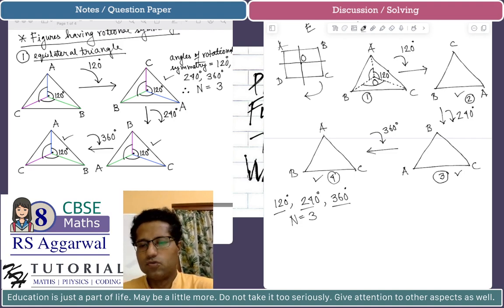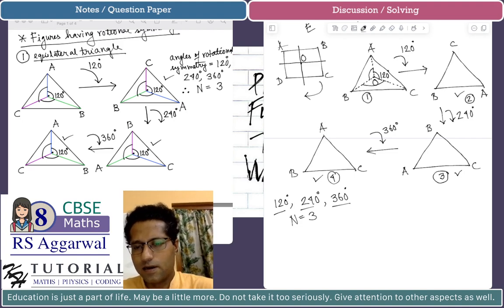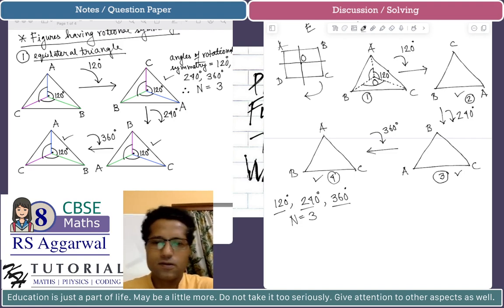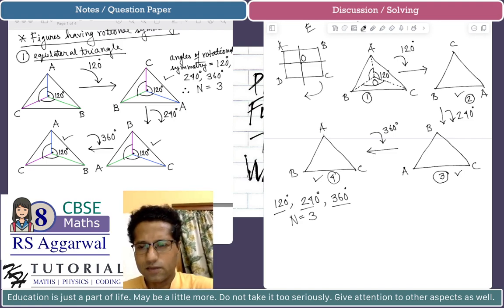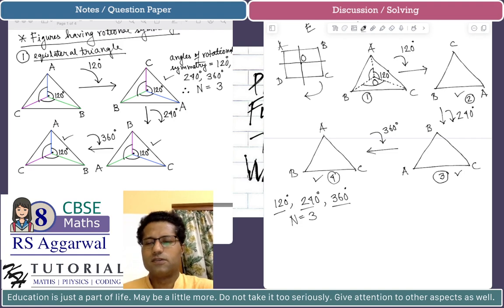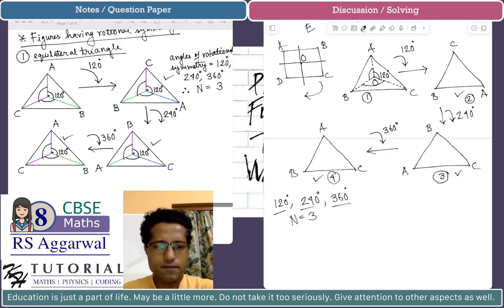Again, after 240 degree of rotation, the triangle is obtaining an orientation which will exactly fit the orientation of the triangle at the beginning, and again at 360 degree we will see the same thing. So for an equilateral triangle, the order of rotational symmetry is 3, and the angles of rotational symmetry are 120 degree, 240 degree and 360 degree.